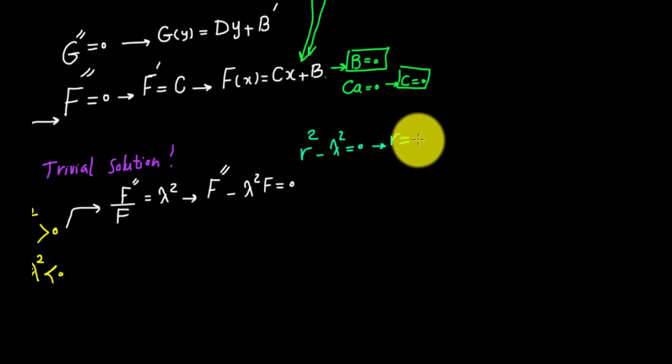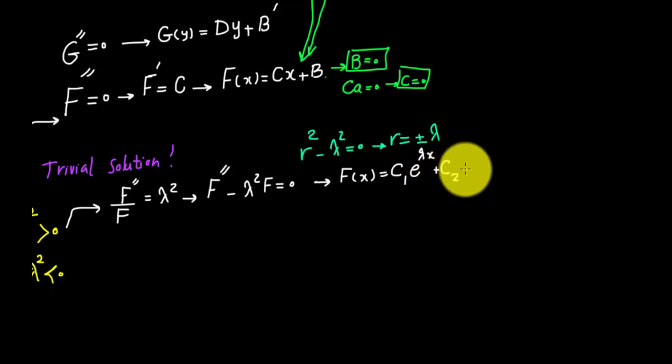So this gives us r equals plus or minus lambda, and thus the solution to this ordinary differential equation, capital F of x, would equal a constant like c1 times exponential of the roots of this characteristic equation, positive lambda x, plus another coefficient like c2 times exponential of negative lambda times x, because the second root is negative lambda.